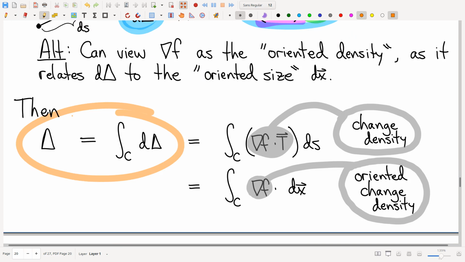If you want to know how much a function f changes over the entire curve, fine. Break up that curve into little pieces, and on each little piece, look at how much change there is, and then add those up.